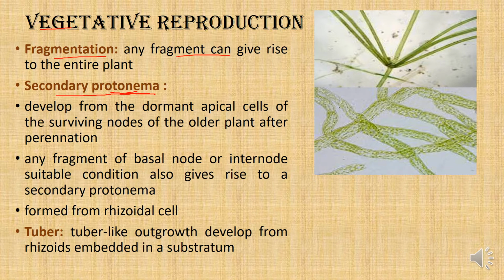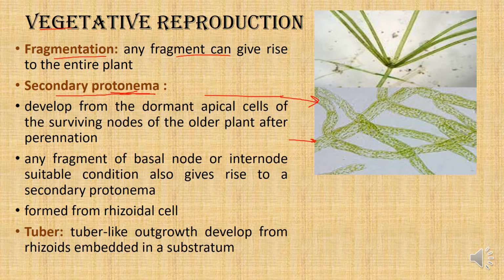After a period of dormancy or perennation during the hot dry season, when favorable conditions return, any portion of this old plant, either shoot or rhizoid, gives rise to a protonema-like structure, which is here. From this protonema the new vegetative body of Nitella is produced. So that is the secondary protonema in this picture.